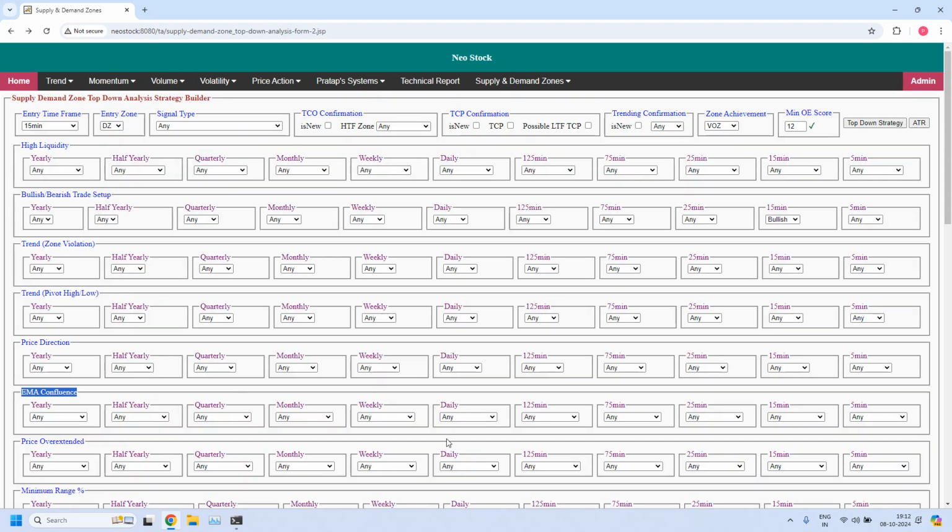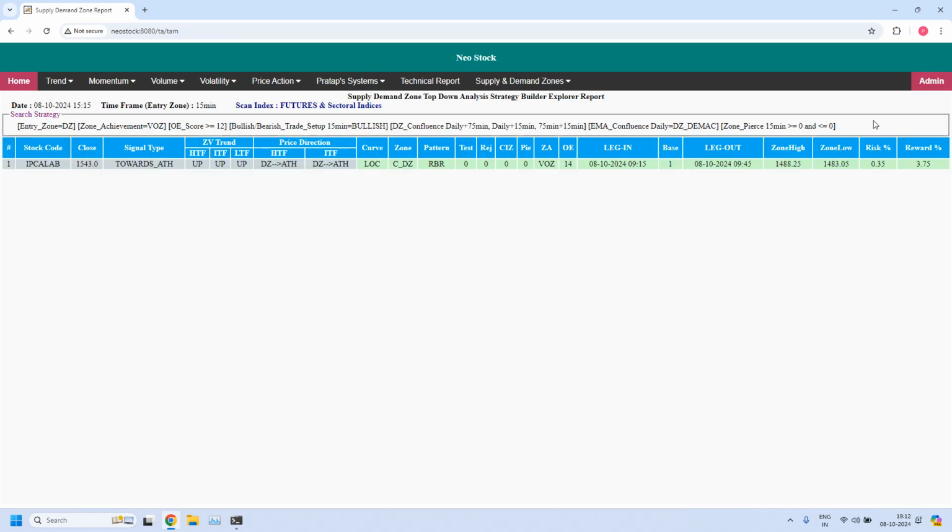So in the EMA confluence, daily time frame, daily demand zone with the daily EMA confluence. Let's filter. The same IPCL appears. Both 75 and daily EMA confluence is there. And also it is a high liquidity zone.